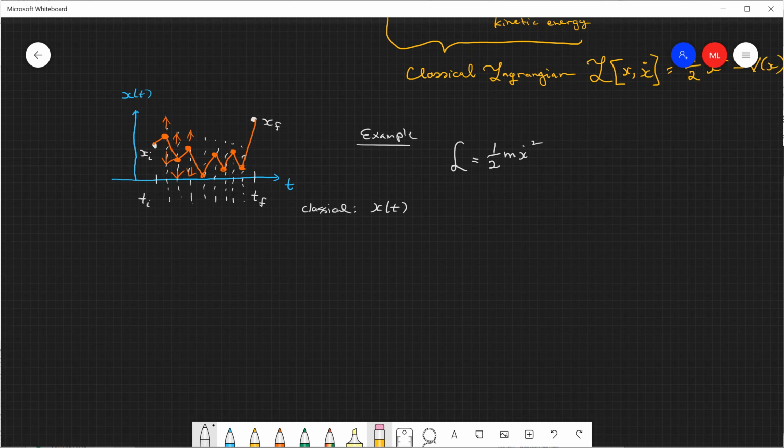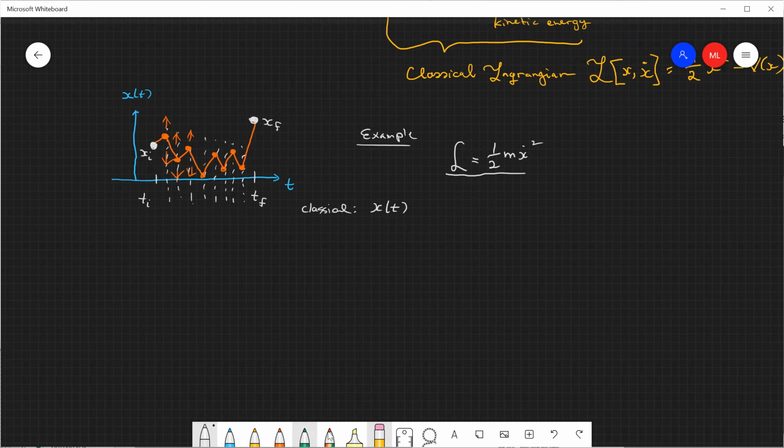If I were to draw the classical path between these two points, if this is the Lagrangian, what would it look like? Would it be a straight line?